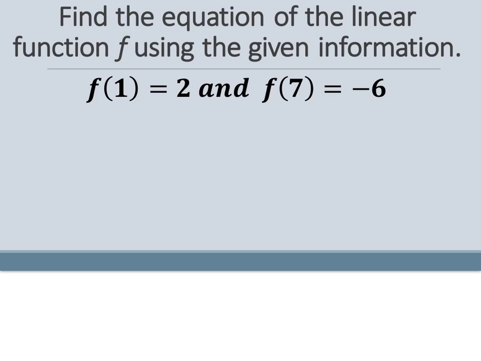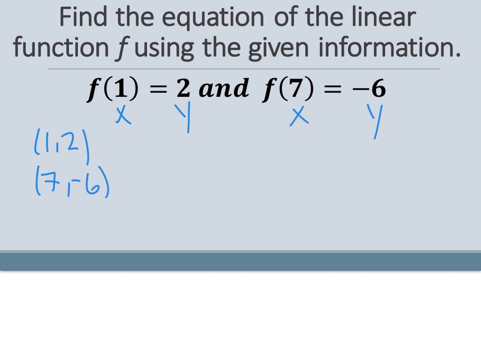Here we go. Find the equation of a linear function f using the given information. Now remember, I said that this was x, and this was y, and this was x, and this was y. So our points, if you want to start writing this as points, because I know function notation can look crazy, that just means our points are 1, 2, and 7, -6.